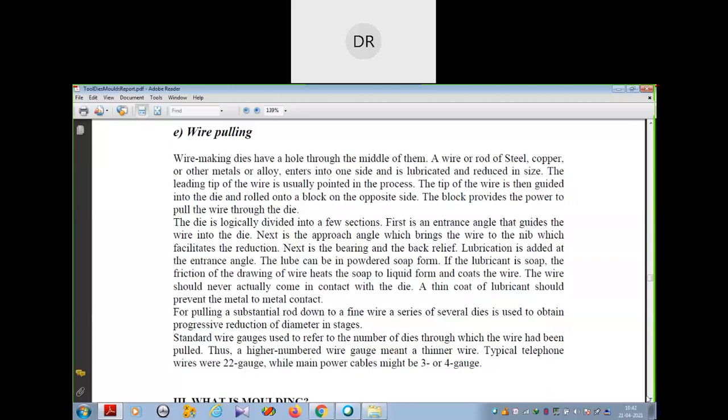These are very important from our perspective, because they are commodities we encounter day to day, like telephone wire and main power cables, and all of these can be produced using wire pulling methods.